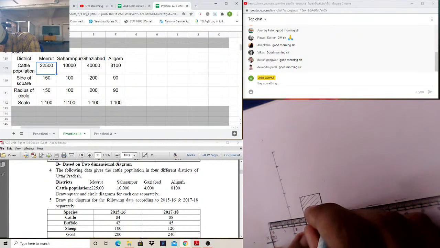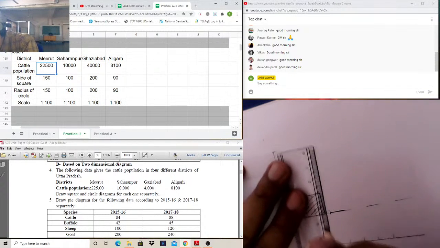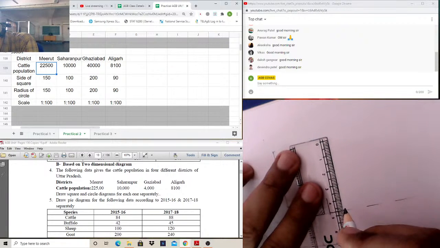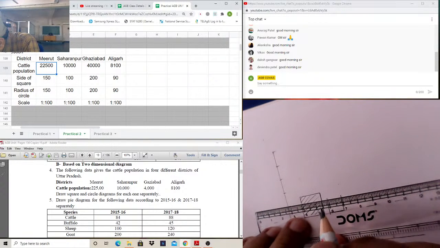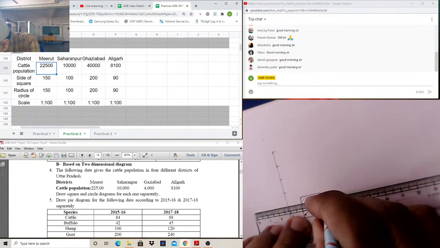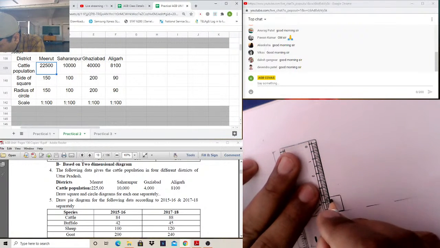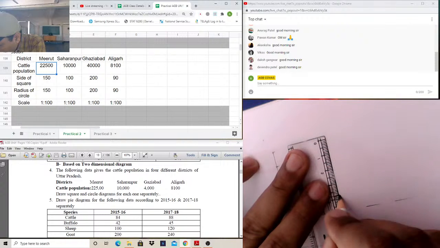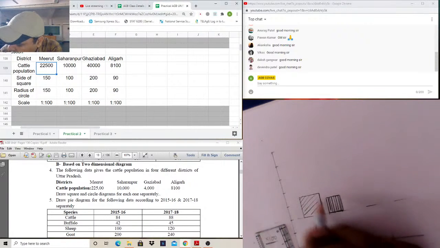So for the cattle population in Saharanpur, 1 centimeter like this and 1 centimeter above. And this is the cattle population in Saharanpur. So this shows that the area here represents the total population.